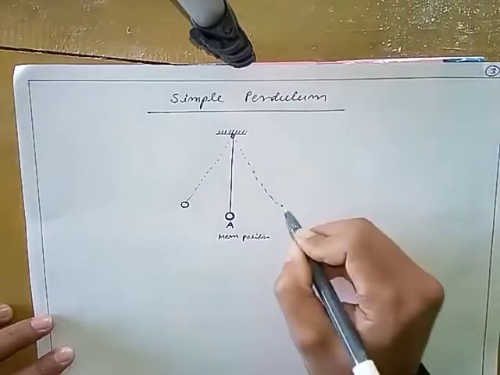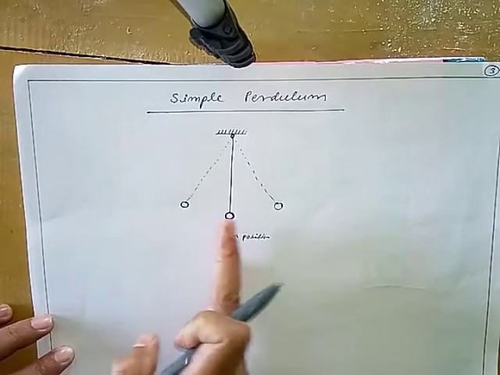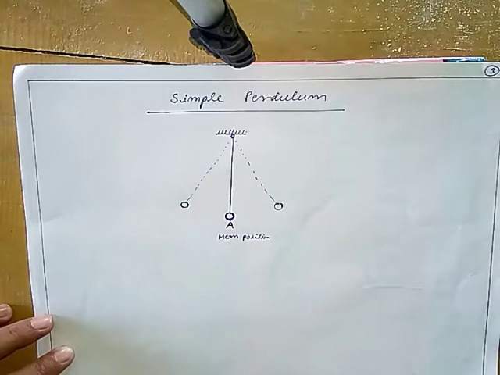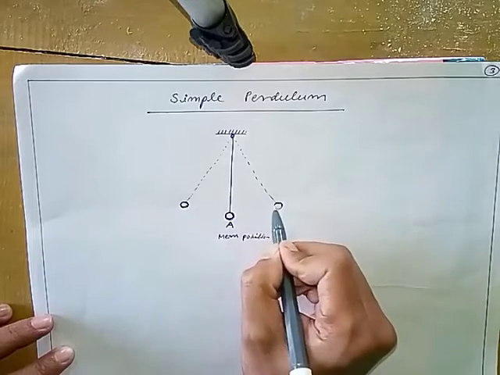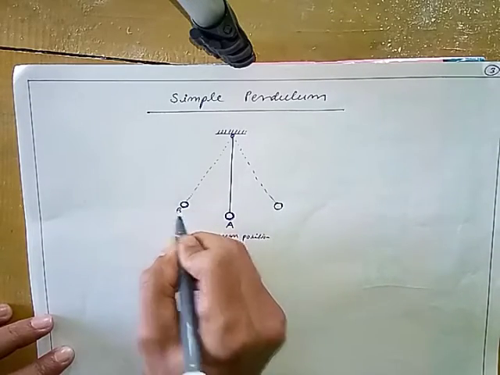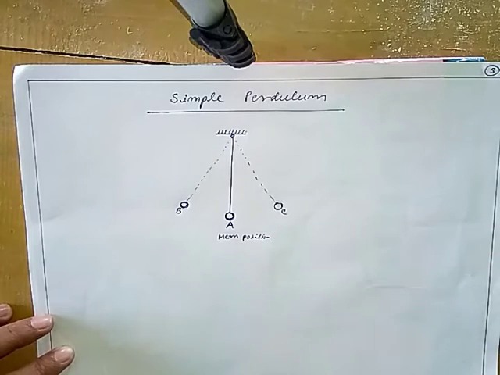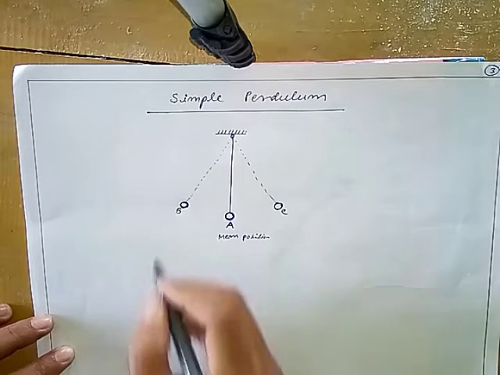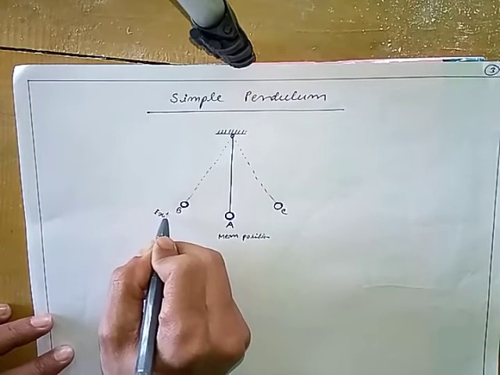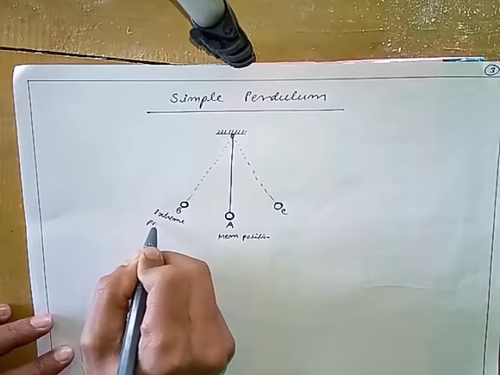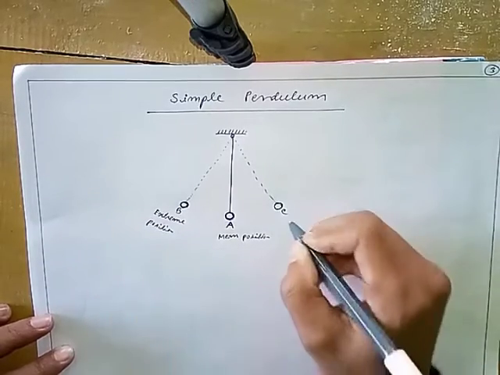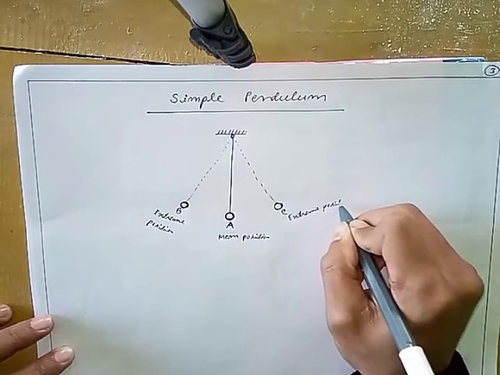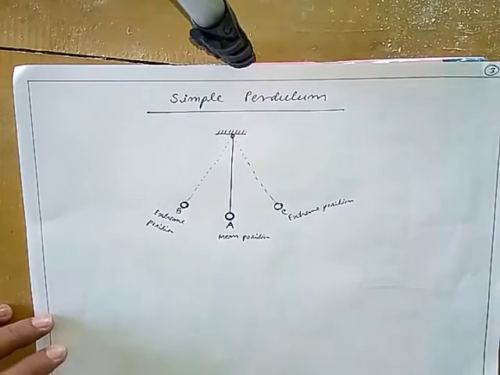Let us name these positions B and C. These positions are known as extreme positions. This is also an extreme position of the metallic ball.